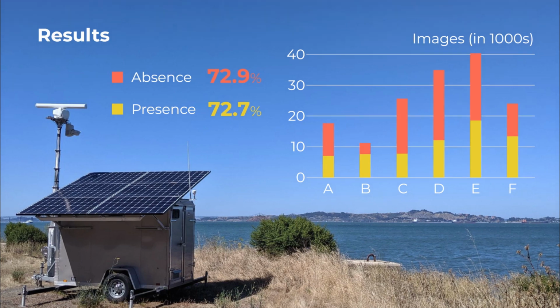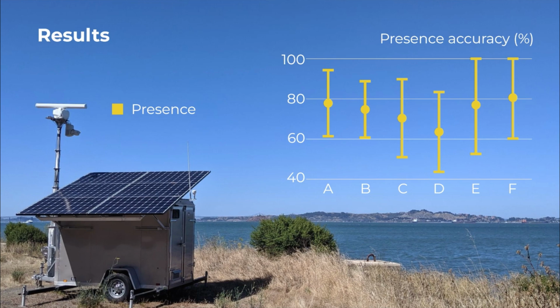We also randomly selected unique vessel records from each site and looked at presence accuracy for each record. We found that vessel records had between 60 to 80% of presence images classified correctly, meaning that if images classified as absence were ignored, most images of the vessel would remain.